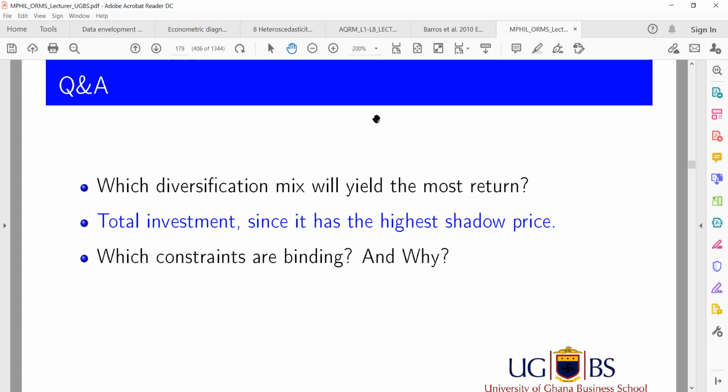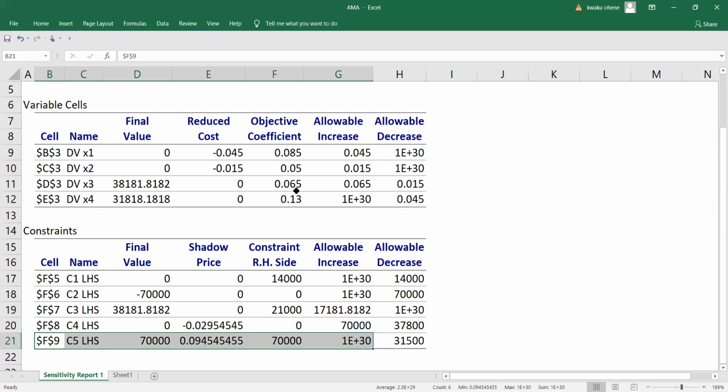Now let me ask you this question too. Which constraints are binding? It's a very simple question. By the way, the constraints are said to be binding when the left-hand side is equal to the right-hand side, when the final value of the constraint is equal to the constraint right-hand side.